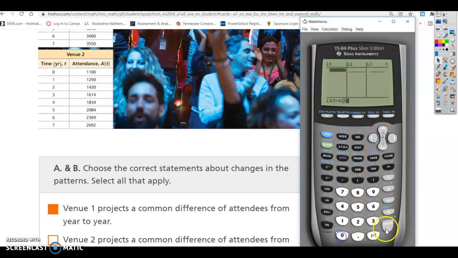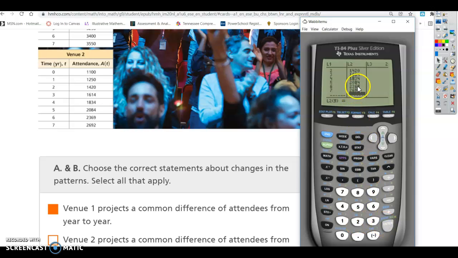And I'm going to enter each of these. 1,100, 1,250, 1,420, 1,614, 1,834, 2,084, 2,369, and 2,692.